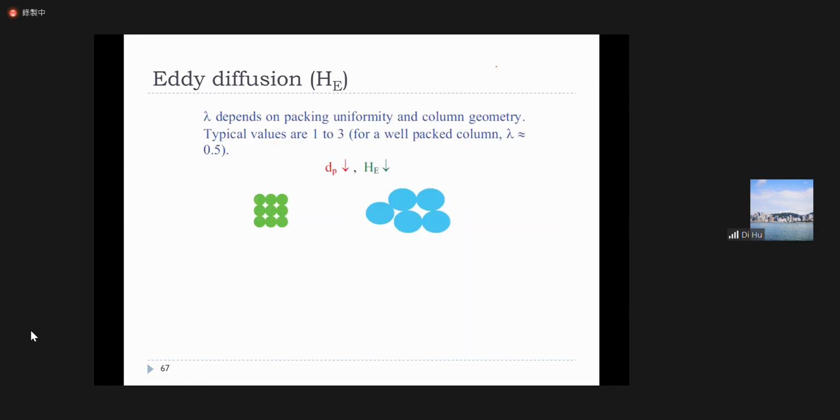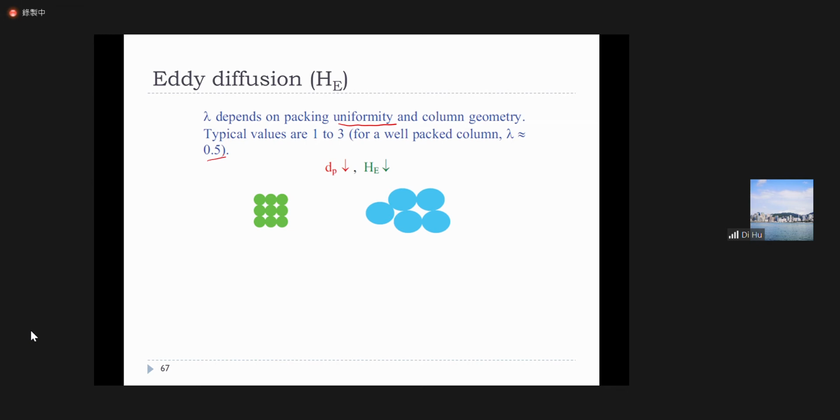This shows you more about it. I'm just using some figures to illustrate, because we say lambda depends on packing uniformity. That means you want the particles to have the exact same size and column geometry. So it has a value between 1 and 2, okay? For a very well packed column, this lambda value is just about 0.5.